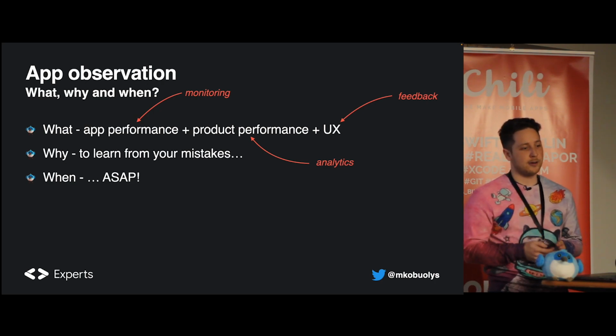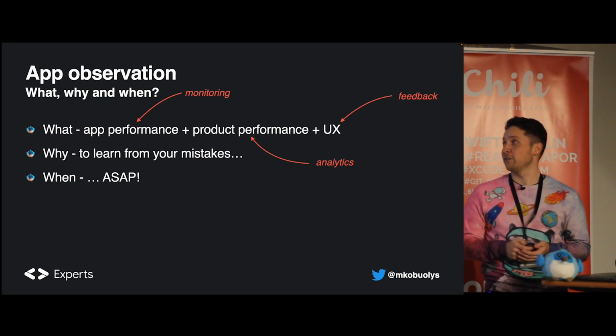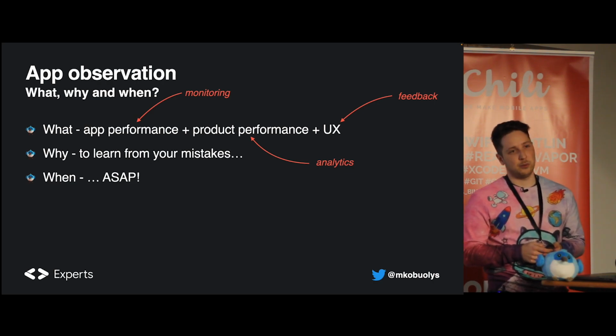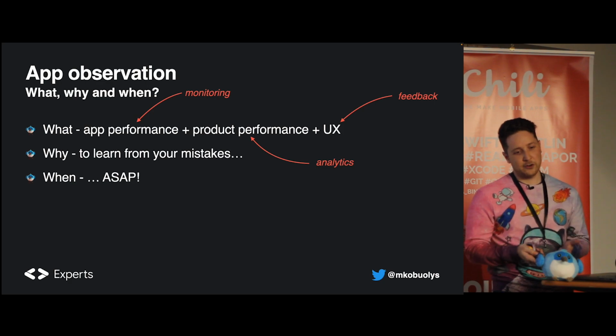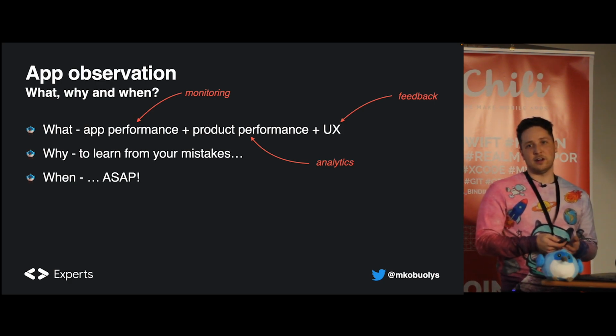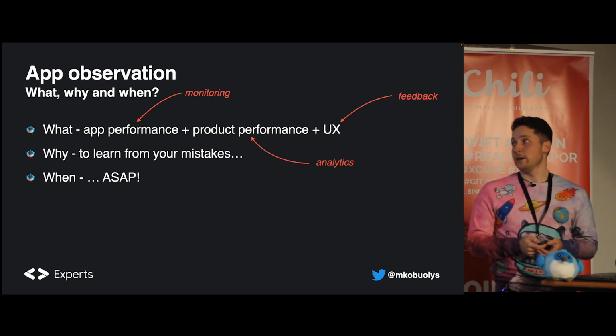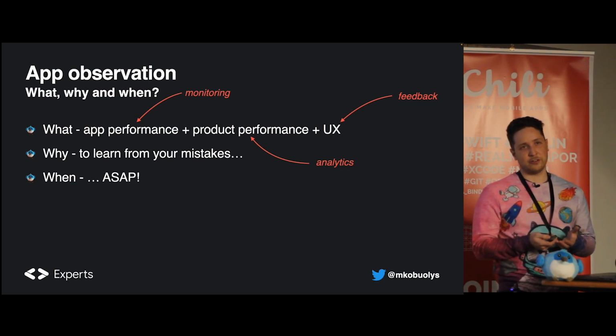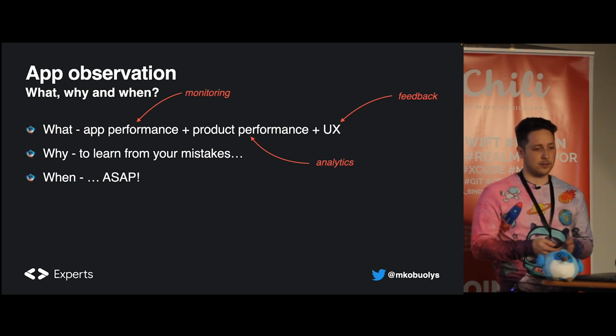And also the user experience part is like a software part, I would say. It's more about what the user feedback of your product is and how you could get this feedback from them.